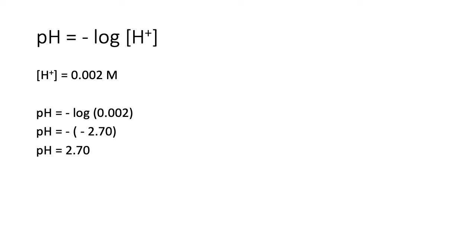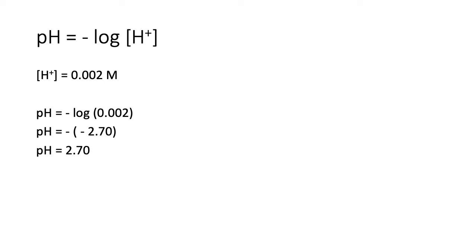So here's how you might use this to solve a pH problem. We know from the previous video and your book that the formula for pH is pH equals negative logarithm of the concentration of hydrogen. So if you knew that the concentration of hydrogen was equal to 0.002 molar, then you could figure out that the pH is equal to negative log of 0.002.